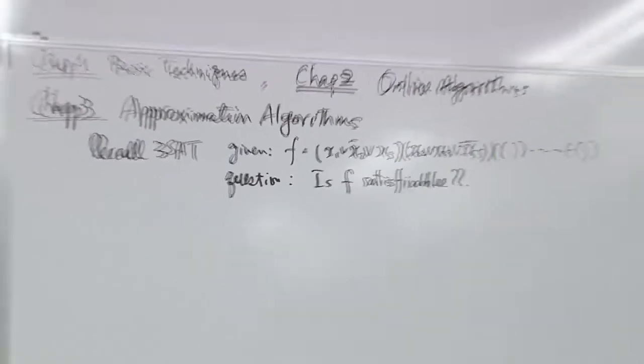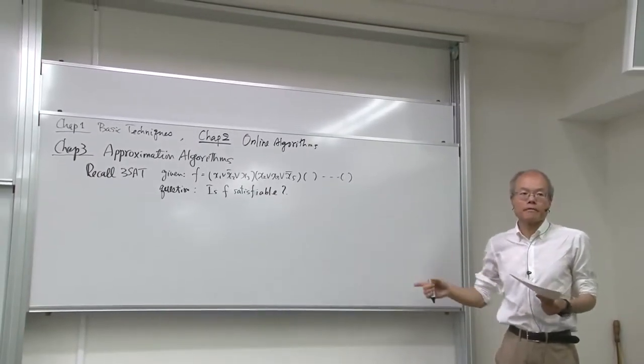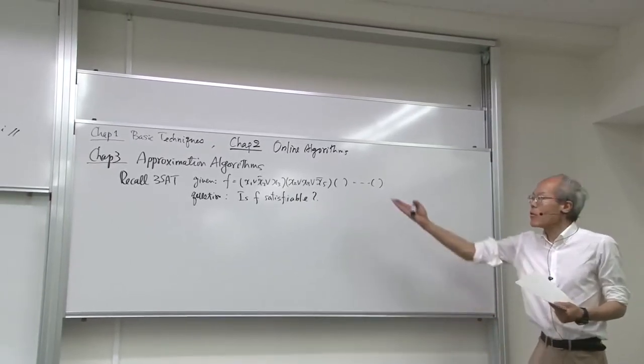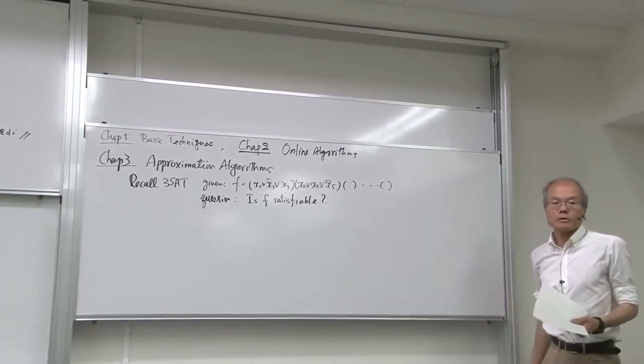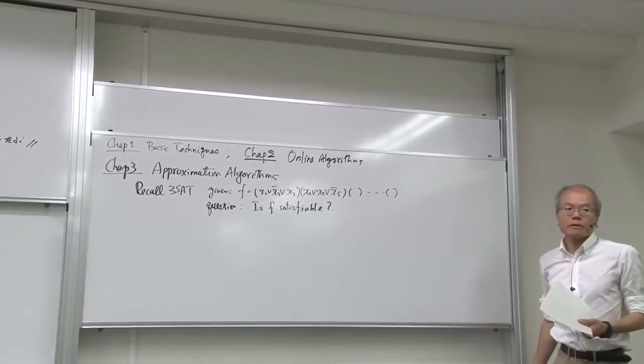Satisfiable means that by some assignment, some true-false assignment, a 0-1 assignment to the variables, we can make all the clauses true. Okay, that's the definition of satisfiable.